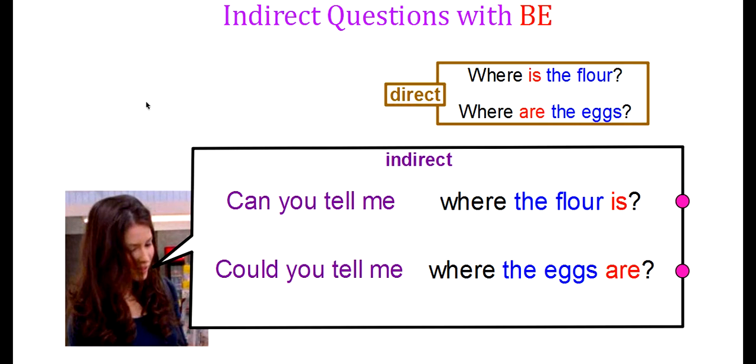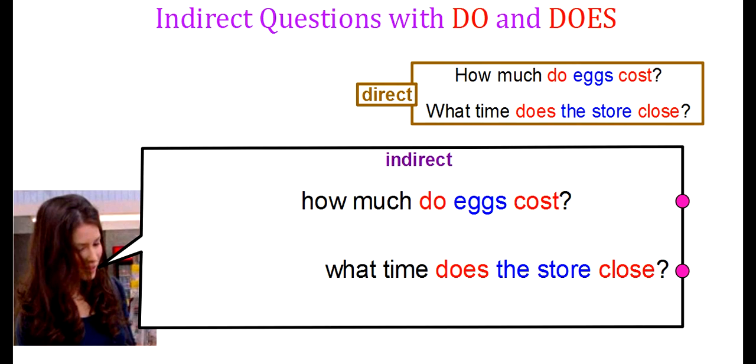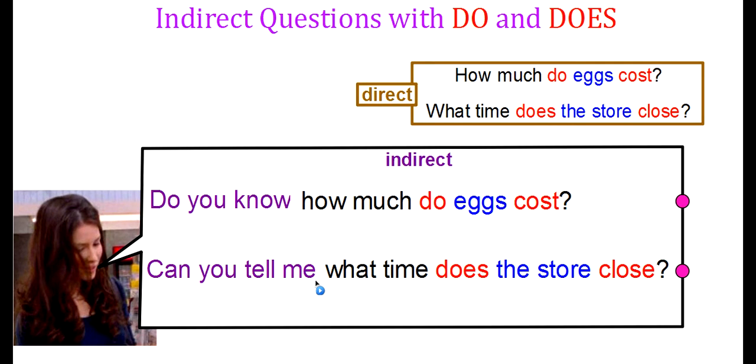So let's look at another formation. What happens when I have the auxiliary do or does in a direct question changed into an indirect question? So here again I have two examples. How much do eggs cost? What time does the store close? These are two direct questions. So remember, in the indirect, the very first thing I need is an expression like do you know or can you tell me.